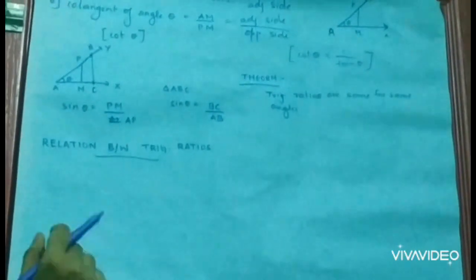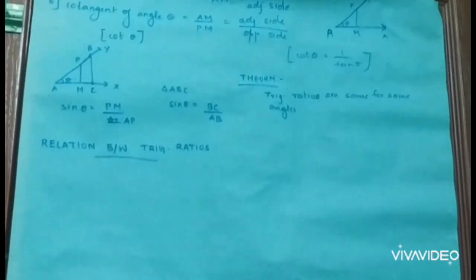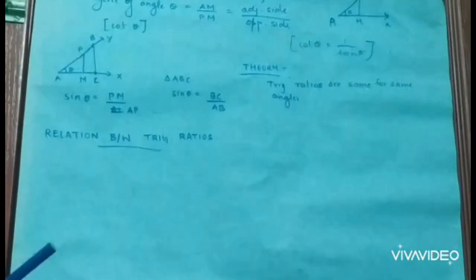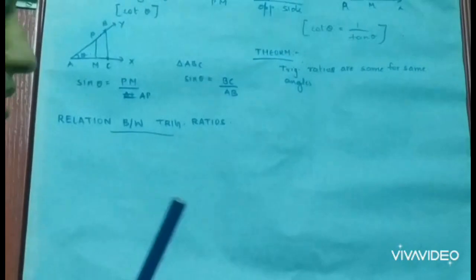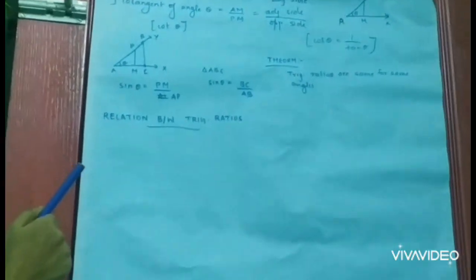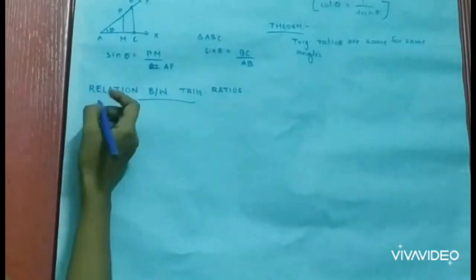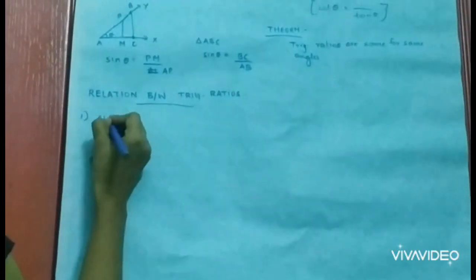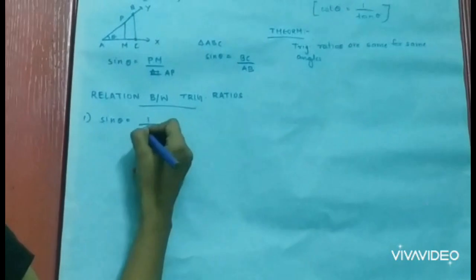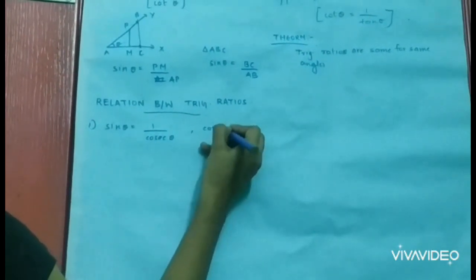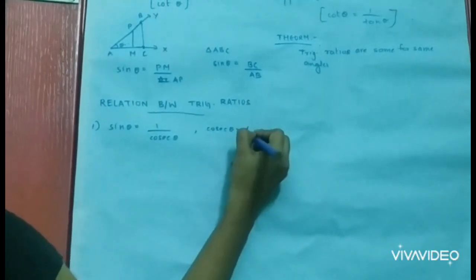From the definition, we have seen that there is a relation between sine and cosec, cos and secant, and tan and cot. That is, sine is a reciprocal of cosec, and cos is a reciprocal of secant, and cot is a reciprocal of tan. And this is the relation between trigonometric ratios. The first one, sine theta is equal to 1 by cosec theta. Similarly, cosec theta is equal to 1 by sine theta.